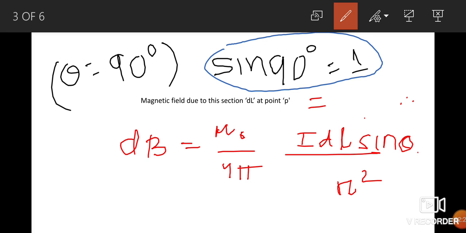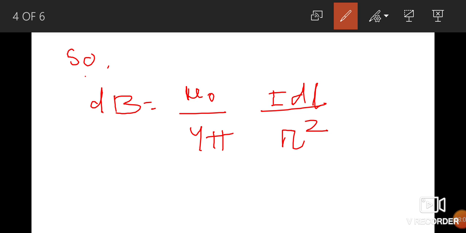We have to remember here we use the Biot-Savart law: dB is equal to mu 0 by 4 pi times I dl sin theta by r square, where I is the current in the coil, dl is the small section, r is the distance between the point and the section, and theta is the angle between dl and r. So dB is mu 0 by 4 pi into I dl by r square.